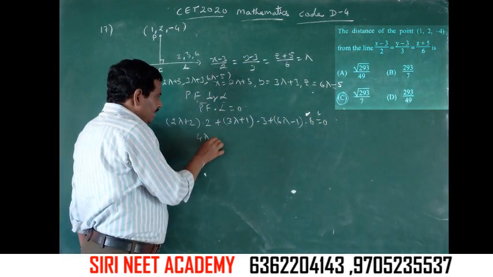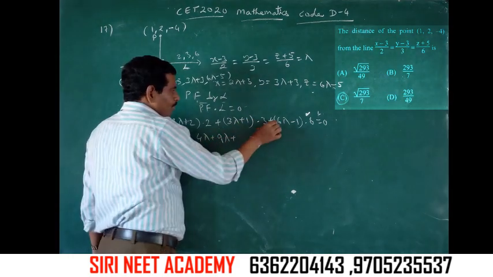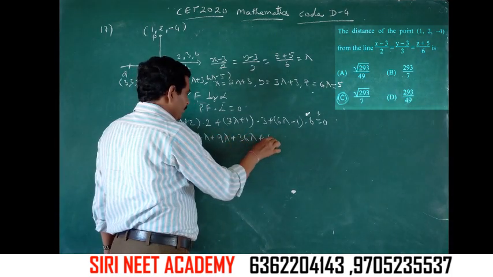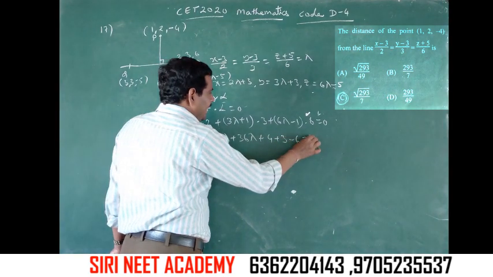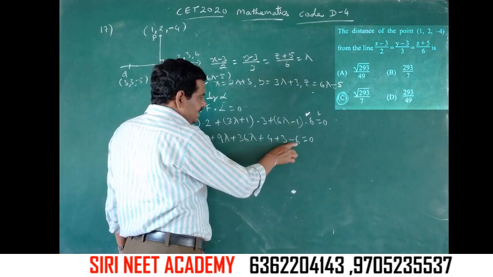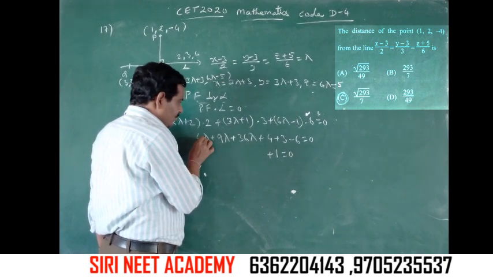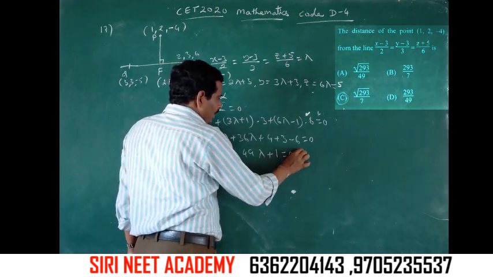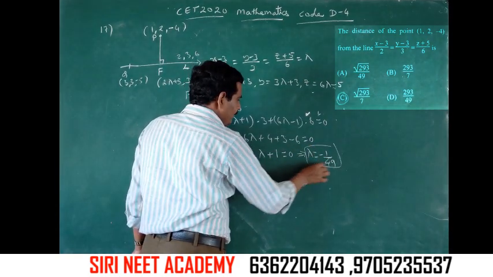So 4 lambda plus 9 lambda plus 36 lambda here. 4 plus 3 minus 6 is equal to 0. 4 plus 3 is 7, minus 6 is 1. Here 36 plus 4 is 40, plus 9 is 49 lambda. So the value of lambda is minus 1 by 49.